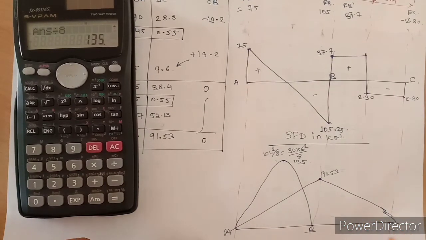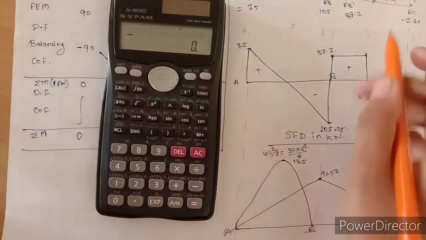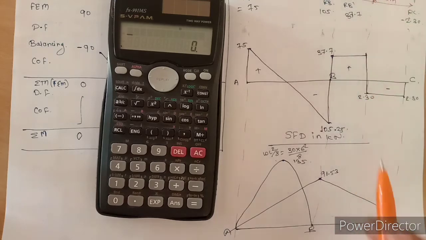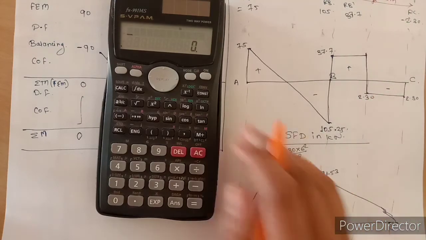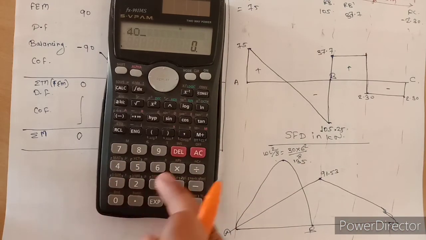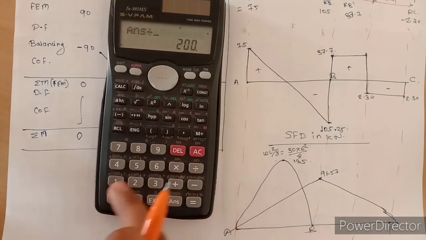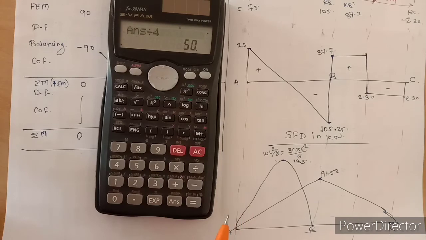And then next for BC member, a 40 kilonewton point load acts. So the formula is WL by 4. So W is 40 multiplied by length 5 divided by 4 is nothing but 50.